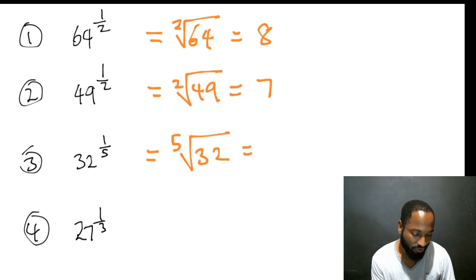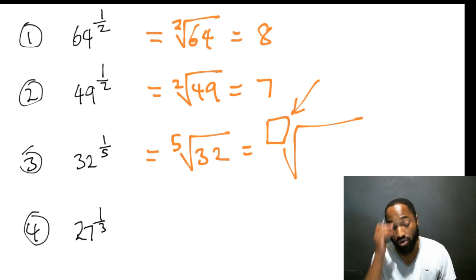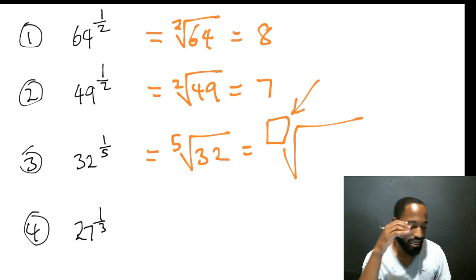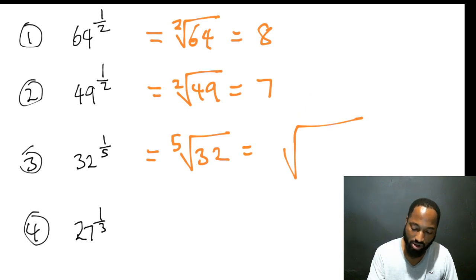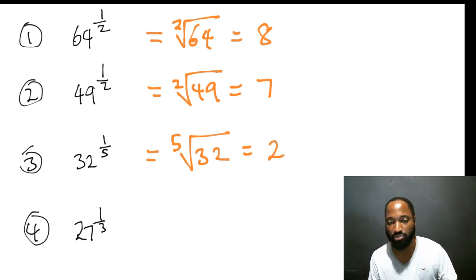So you just press shift, bam, and it will draw something like this and leave a box here on the Casio for you to write in. Oh, I forgot to put the link for the Casio. But by the way, you could just search on my channel and you'll be able to get it. Just search Casio Cohen Springer and you'll get the link for the Casio for those who live in Trinidad. Or you could order it online. So you put in the 5, then you go down and you put in the 32 to get this very powerful calculator, and you get your answer to be 2.